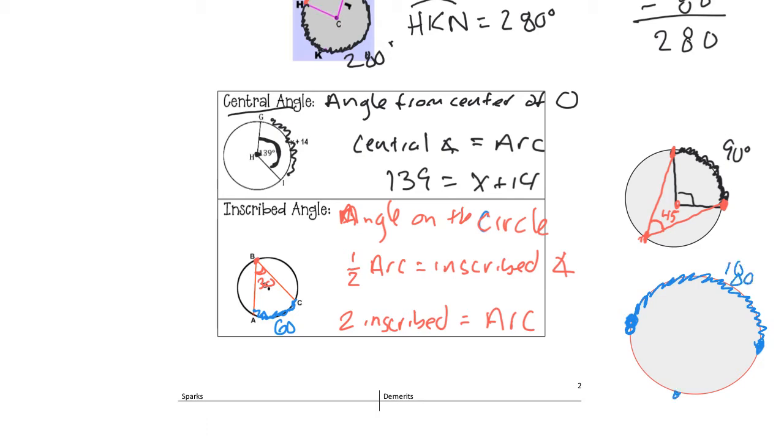And then if I made an inscribed angle, we notice it's not 180 anymore, it's 90. It's 1/2. So the inscribed angle is half the arc, or 90 times 2. So the inscribed times 2 equals the arc it hits. So those were the 2 types of angles that we're going to be working with today. Now we'll look at some examples on the next page of our notes.